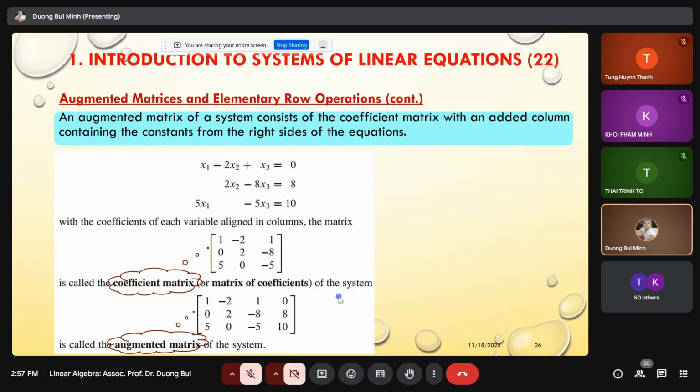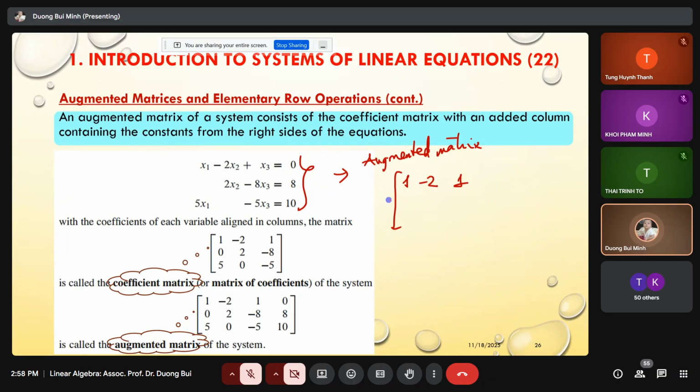Yeah, example. Here we have the linear system. So if I would like to get an augmented matrix, you get what? 1, minus 2, and then 1.